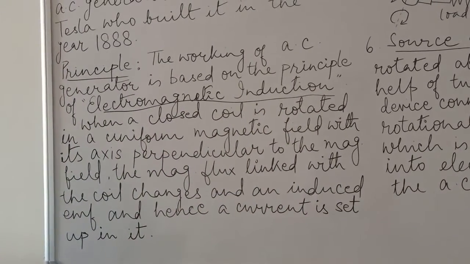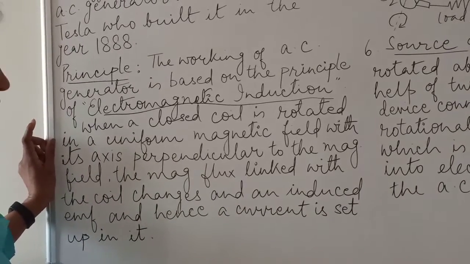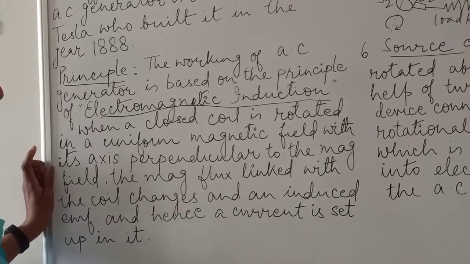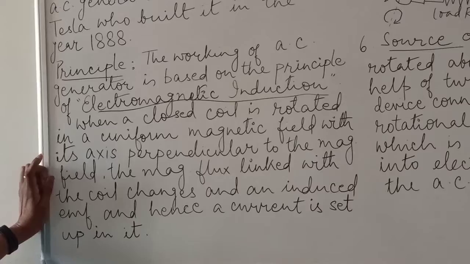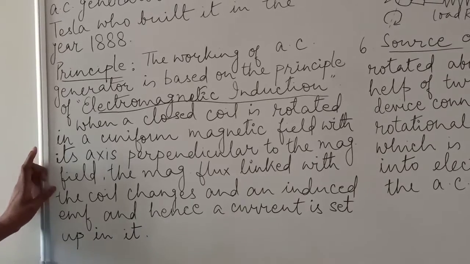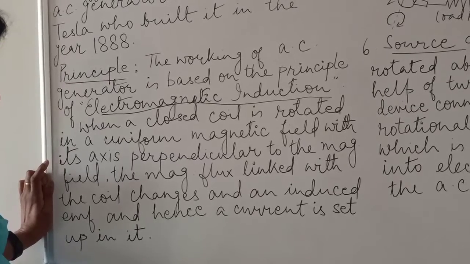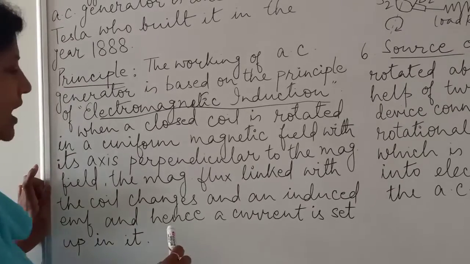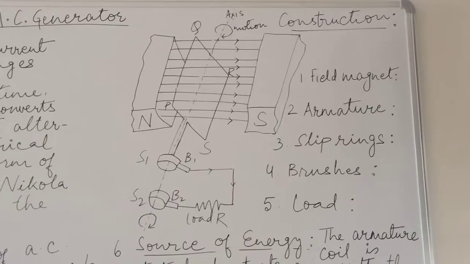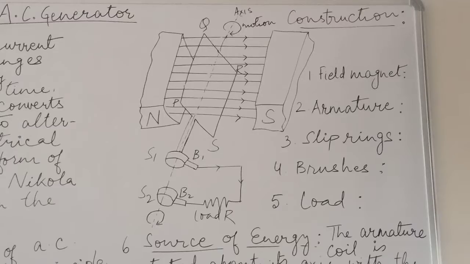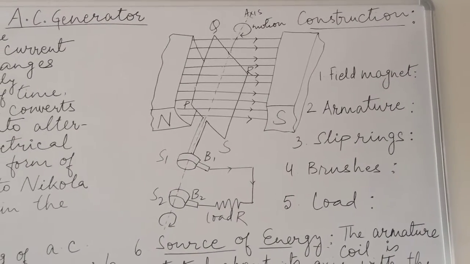When a closed coil is rotated in a uniform magnetic field with its axis perpendicular to the magnetic field, the magnetic flux linked with the coil changes and an induced EMF, and hence a current, is set up in it. The core is laminated to avoid losses due to eddy currents.